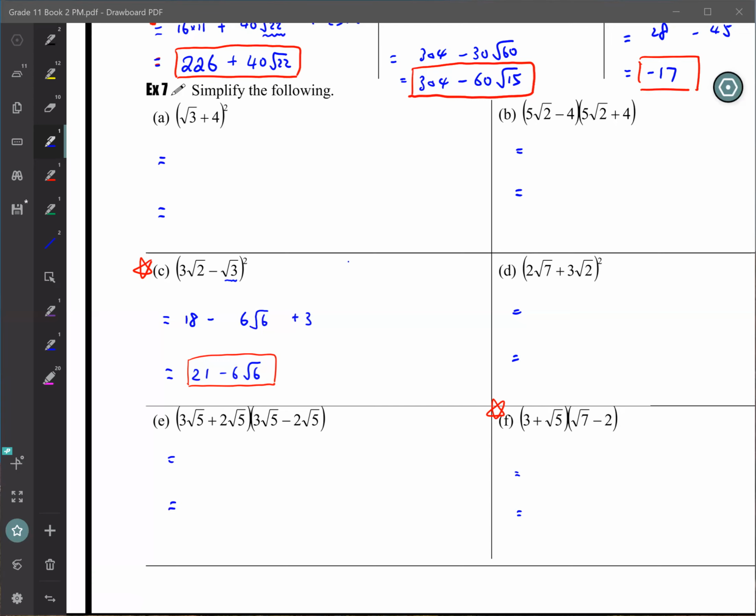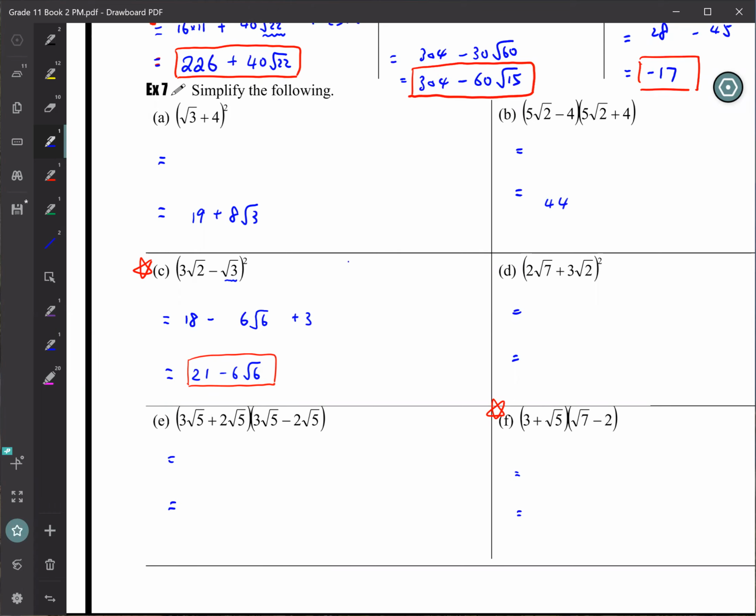Okay, let's get some answers first. Amanda, what's your final answer for A? 19 plus 8 square root 3. Okay. Jenny, do you have an answer for B? 44?